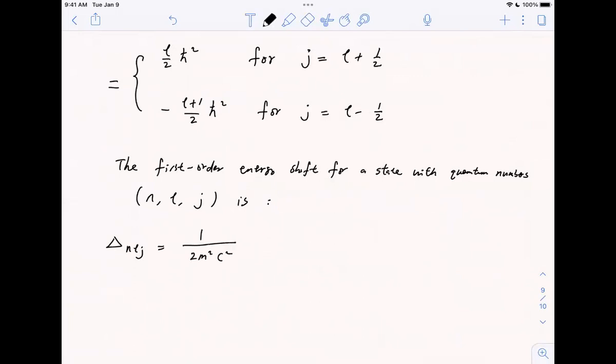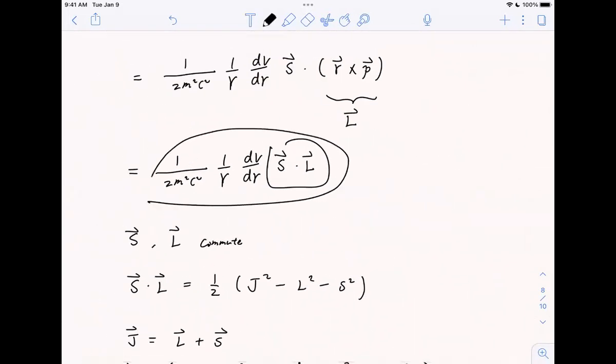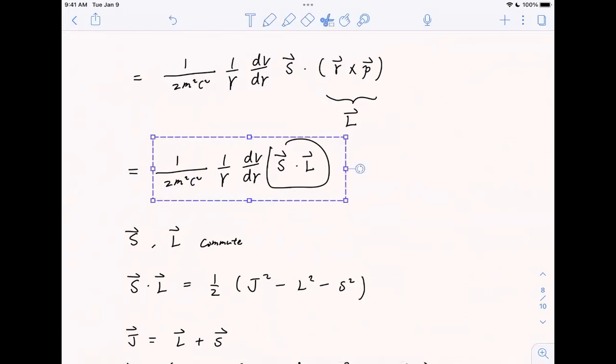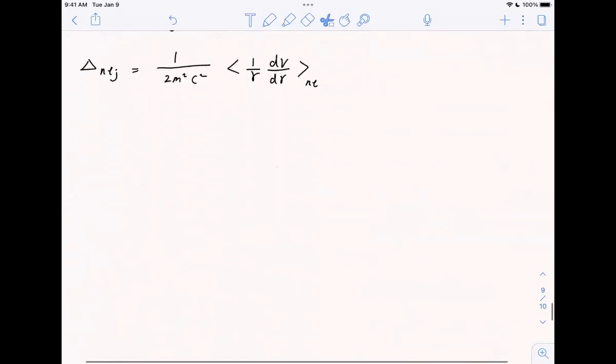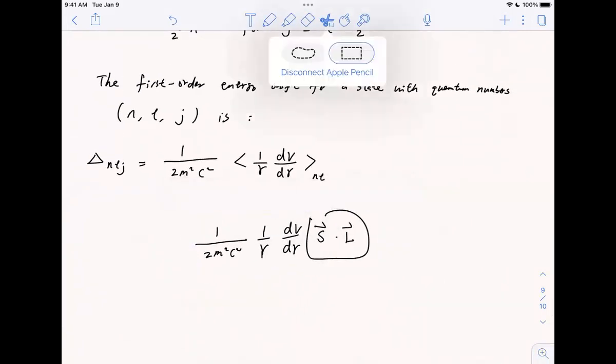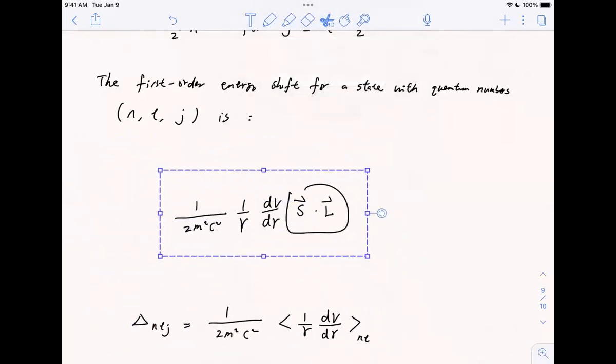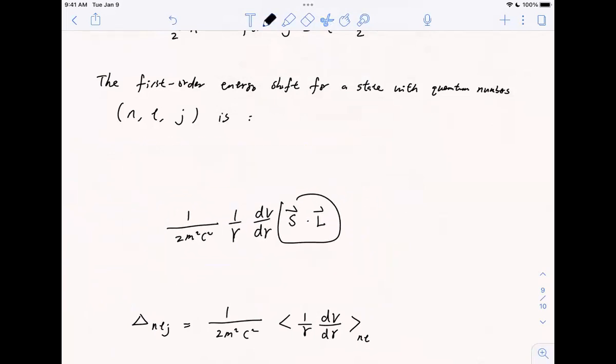2m squared c squared. So these are from the spin-orbit coupling term, and then you have an expectation value of this part. You just look at here. Okay, you're going to get this thing. This is the Hamiltonian. This is the perturbation term, the spin-orbit coupling.